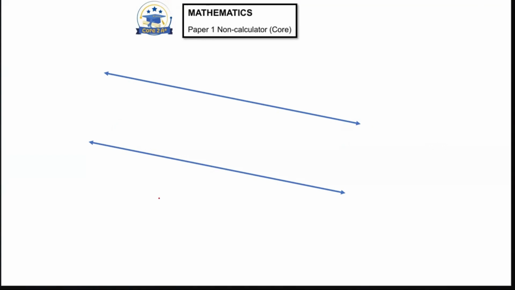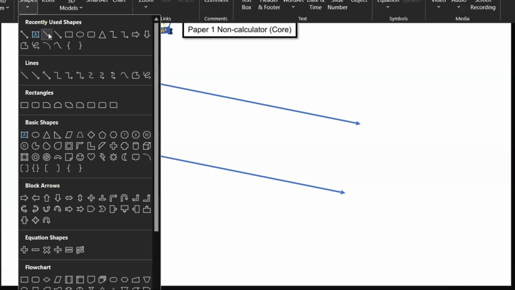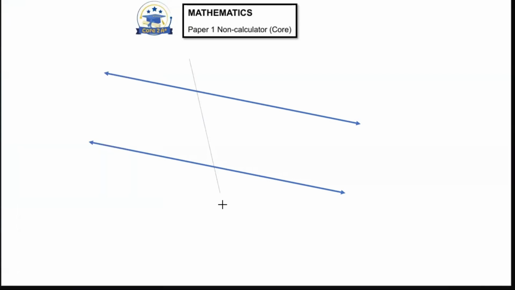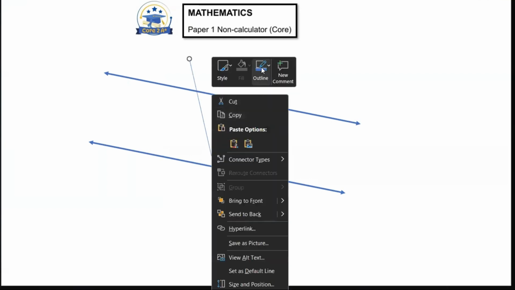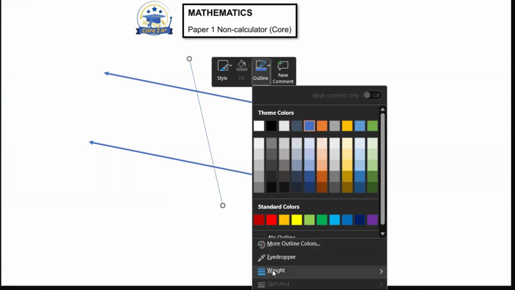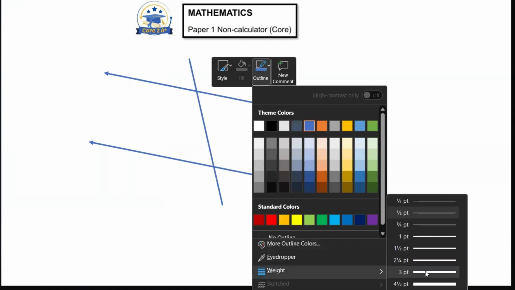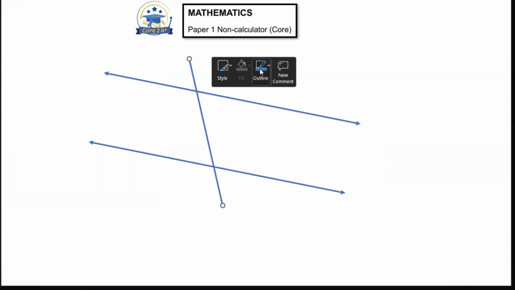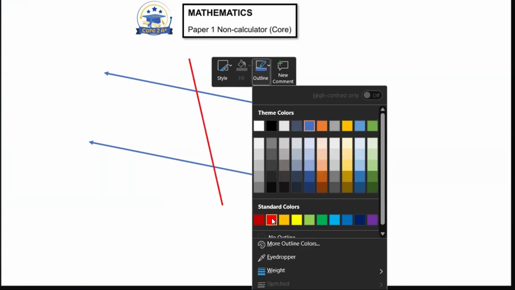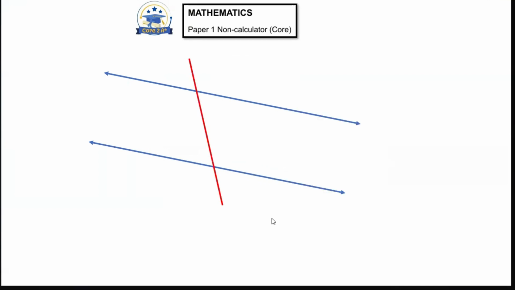Okay. Now, one straight line, if a straight line cuts like this, okay, let me change the color. Yes, a straight line.